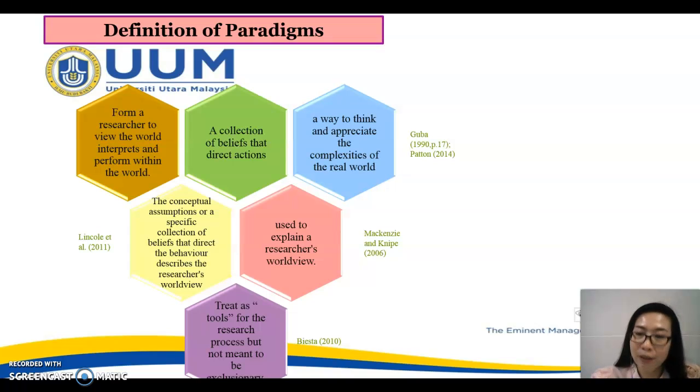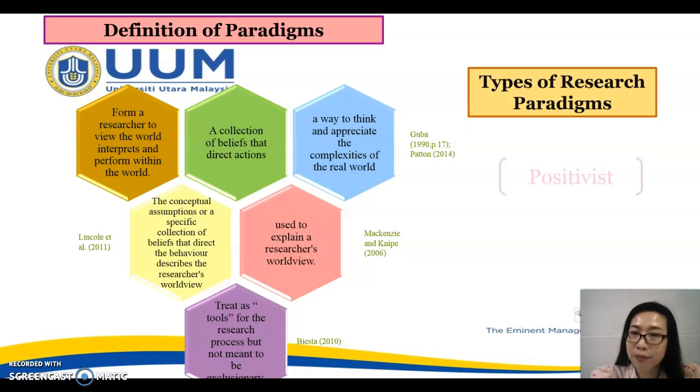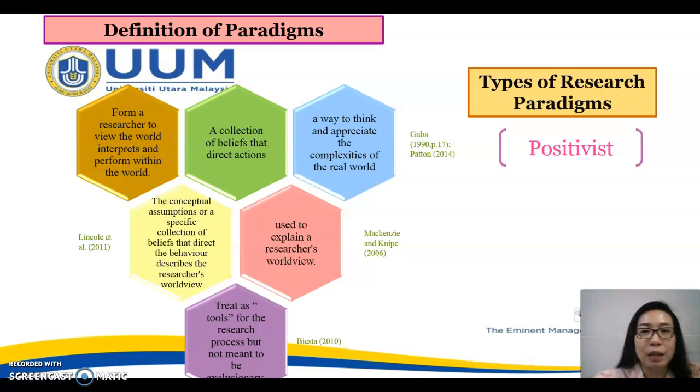Let us look at the types of paradigms which are dominant in social science or educational research. The first one is the positivist paradigm. The positivist paradigm assumes reality can be manipulated to seek relationships of cause and effect in nature.